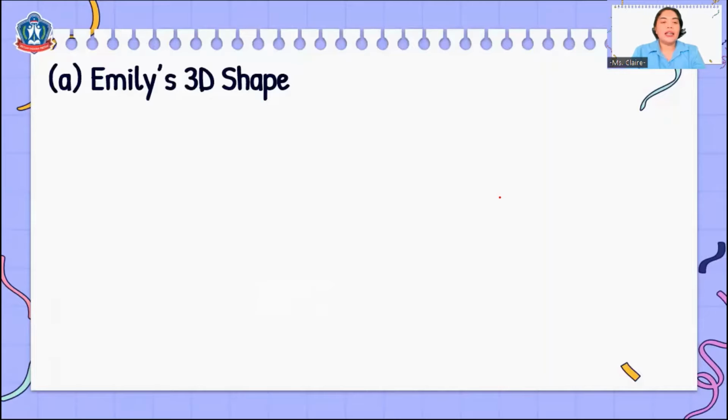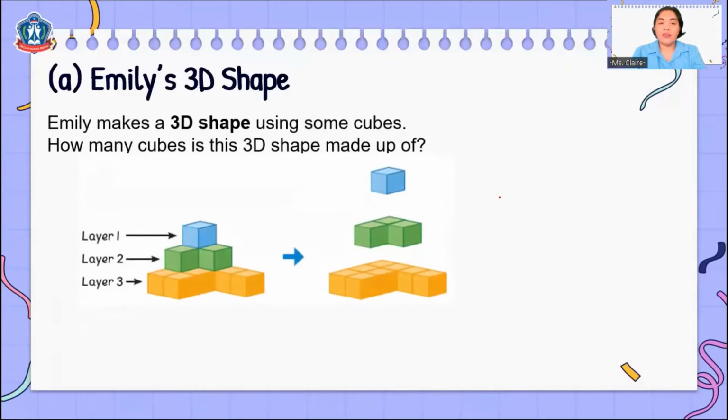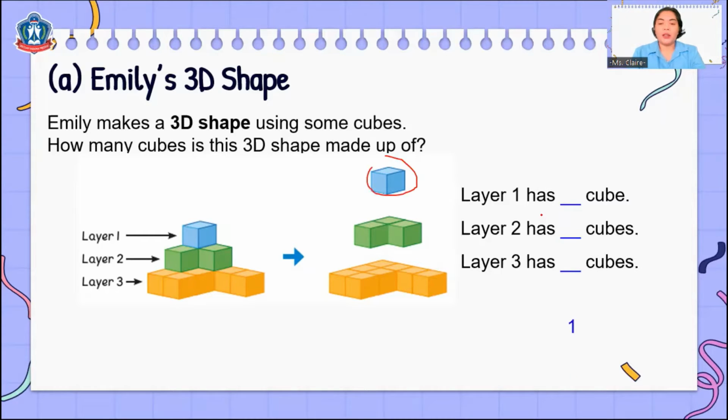Now, let's have Emily's 3D shape. Emily makes a 3D shape using some cubes. How many cubes is this 3D shape made up of? Look at layer 1, layer 2, and layer 3. For layer 1, we have 1 cube.